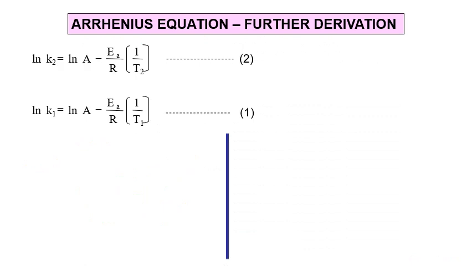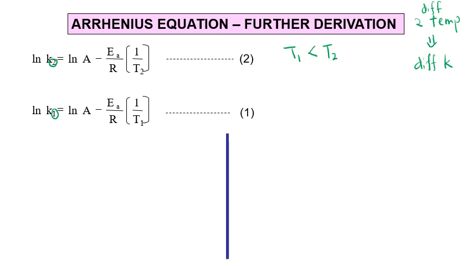Sometimes you will notice the question involves 2 different temperatures. If you have 2 different temperatures, you will also have different rate constants. If we have 2 situations, we label the conditions as 1 and 2. Generally T1 is lower than T2.